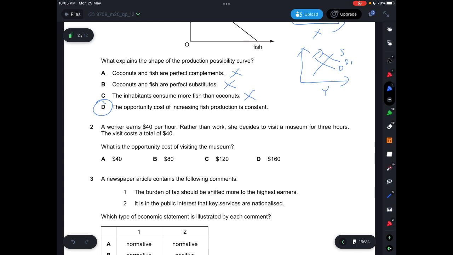That means that instead of earning $120, I'm spending $40. So the opportunity cost of visiting a museum is actually $120 because I'm not earning the $120 from work. I'm instead going to spend the 3 hours doing something other than work. So the answer is C.